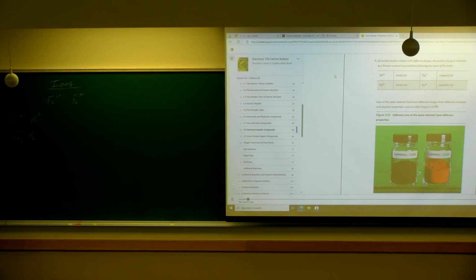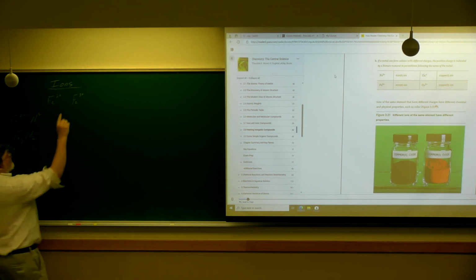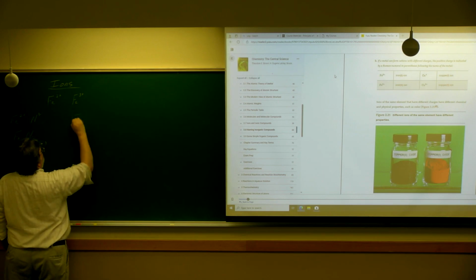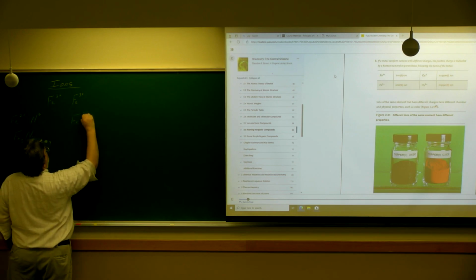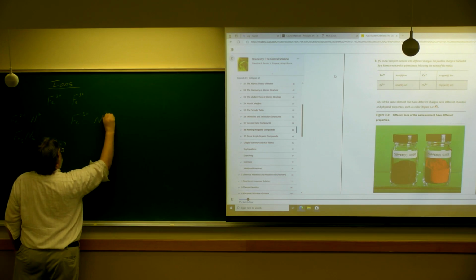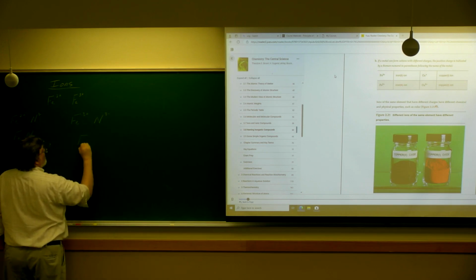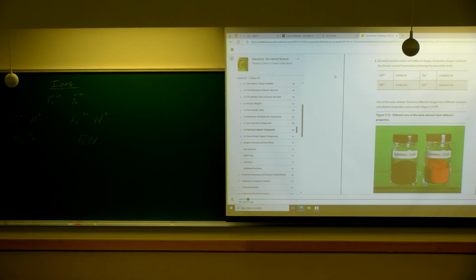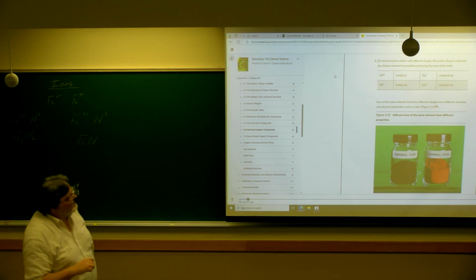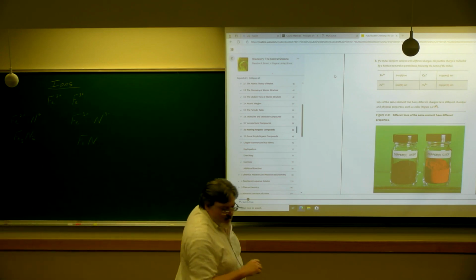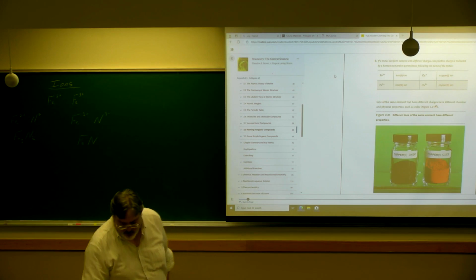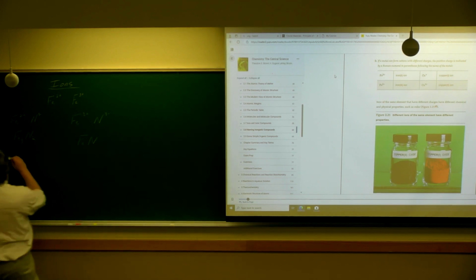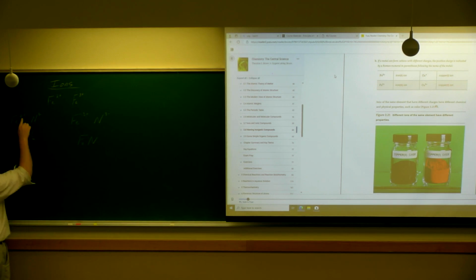Do you see that? But if I wanted to put nitrogen with this, it's just going to be FeN. In the name of it here, I'm not sure where they mention this, but when you name these, like this is, this was iron 2.